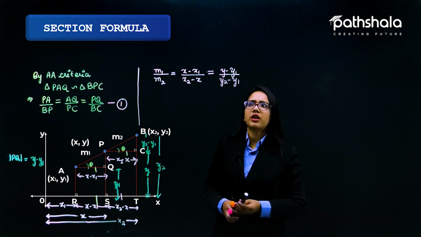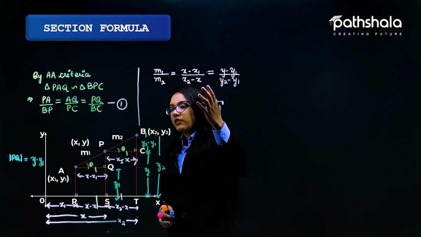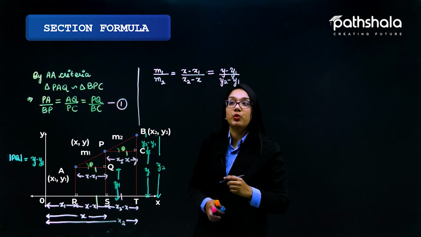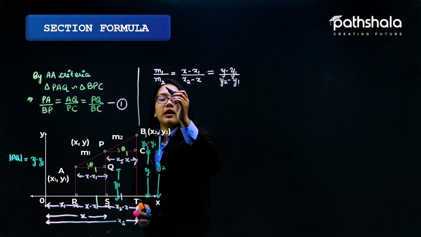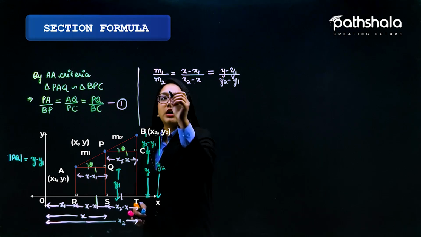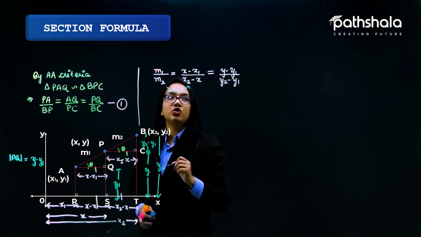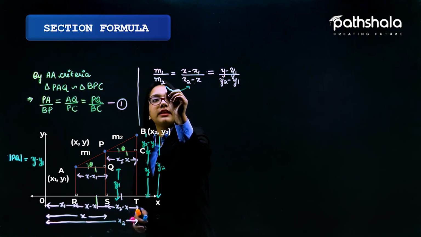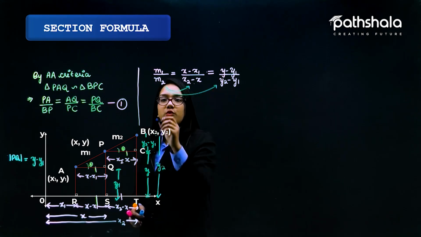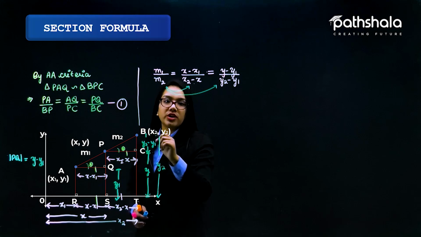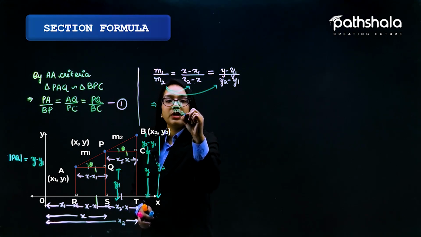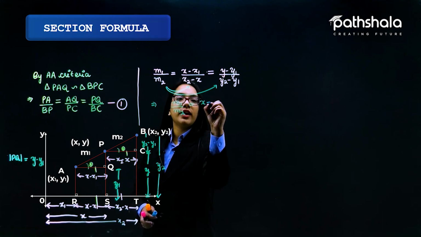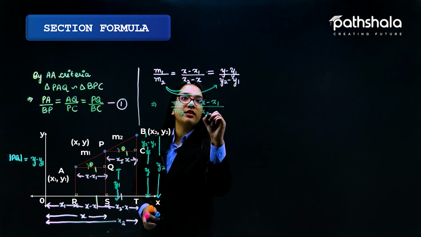So let's sort it out. I am taking the first ratio equal to the second one, and then the first equal to the third. Starting with the very first ratio, we have m1 by m2 equal to x minus x1 divided by x2 minus x.